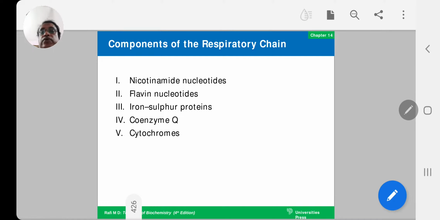Now, fourth is coenzyme Q. Coenzyme Q, also called ubiquinone, since it is a ubiquitous quinone in biological systems. It is a quinone derivative with a polyisoprenoid side chain.